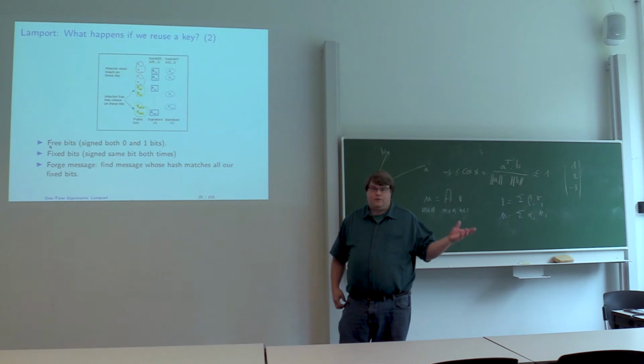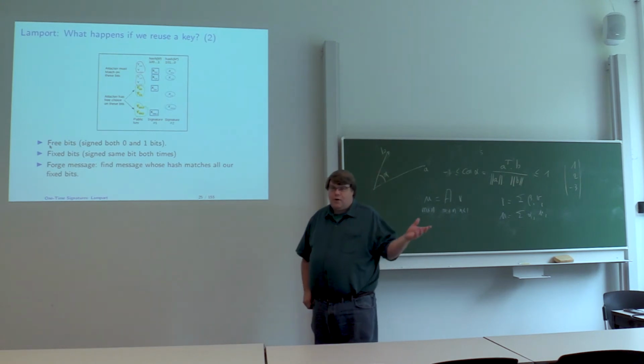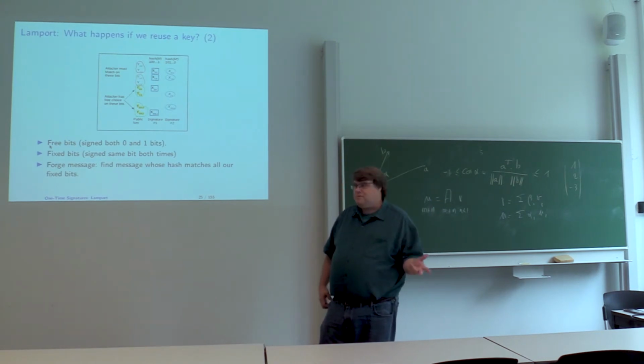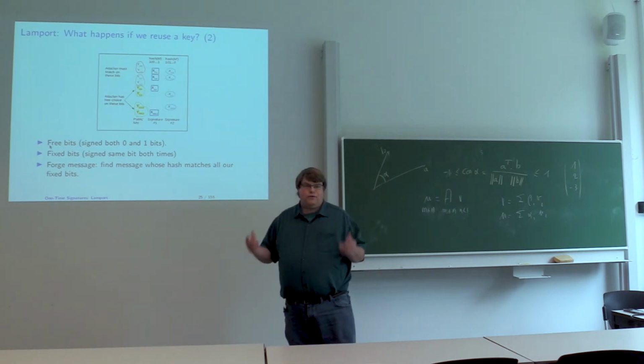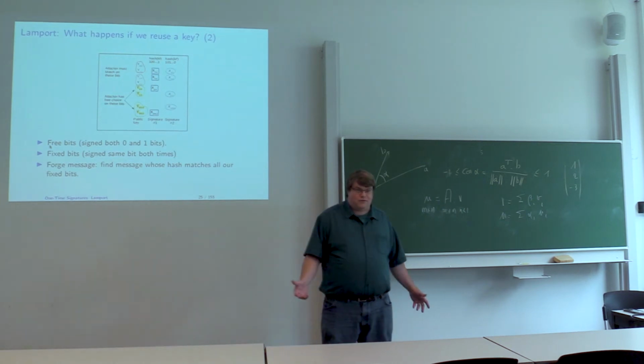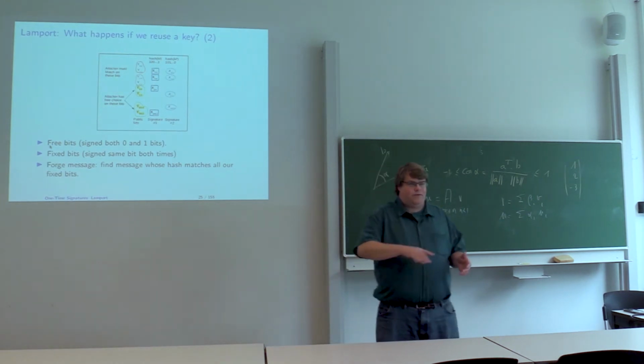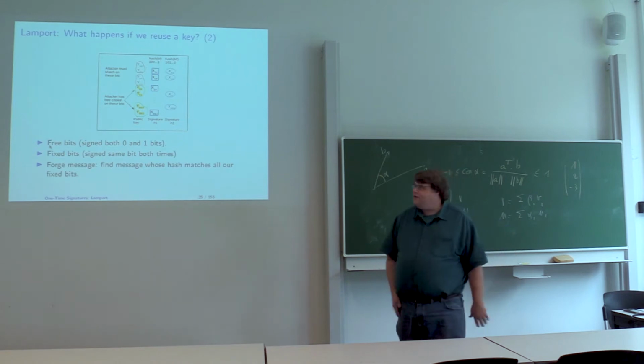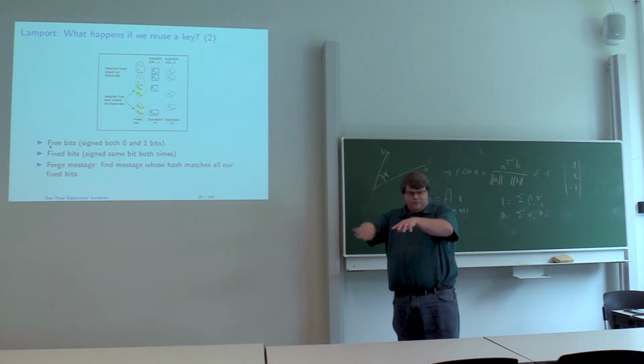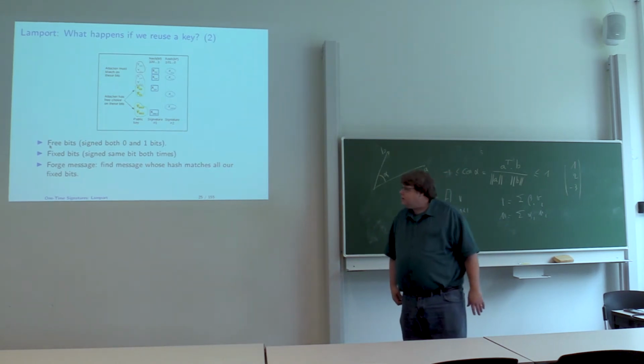So it's getting exponentially easier. After 2 signatures, half the bits are free. After 3 signatures, like 3/4 of the bits are free. After 4 signatures, 7/8 of the bits are free. Because every time, about half of the bits will be different in the next message, relative to what you've already seen.